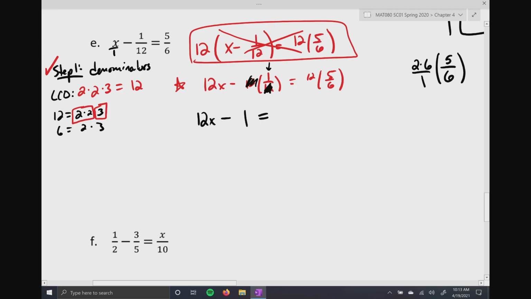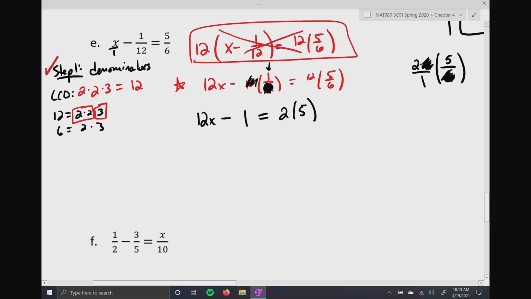The reason why I chose 2 times 6 is because I have a 6 as a denominator, and my goal is to scratch them out. So now I've gotten rid of my denominator, and whatever is left over in the numerator is what I write: 2 times 5. Are there any questions with that step?